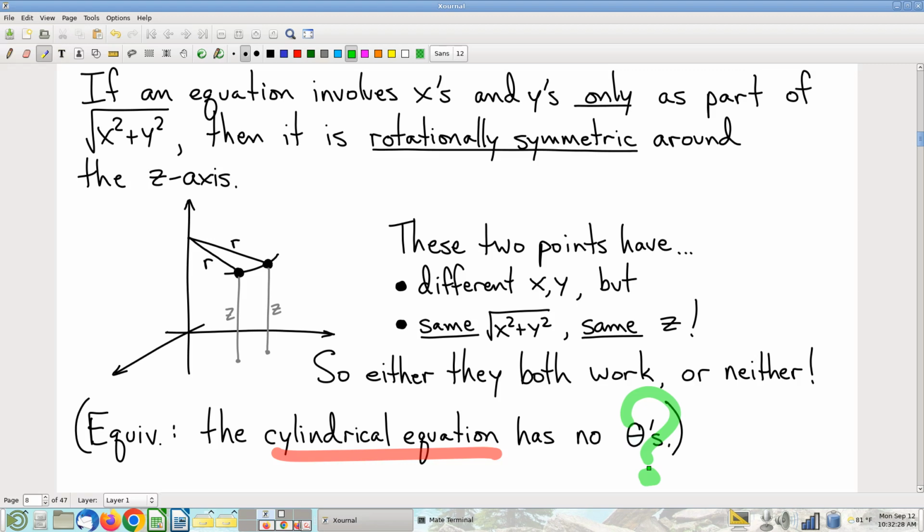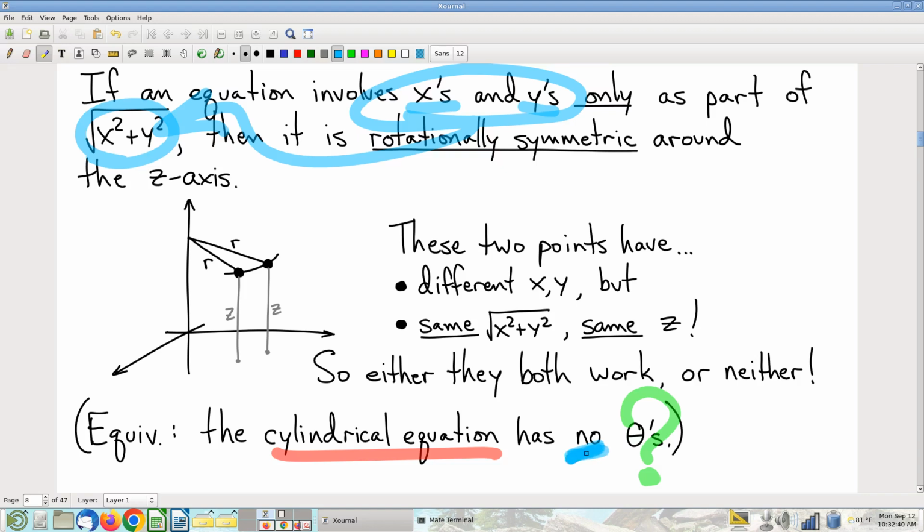But if the x's and y's all go into there, then the thetas will all disappear because of the Pythagorean identity, and you will therefore have no thetas. And we've already talked previously about if you have a cylindrical equation that has no thetas in it, then you're talking about something that's rotationally symmetric.